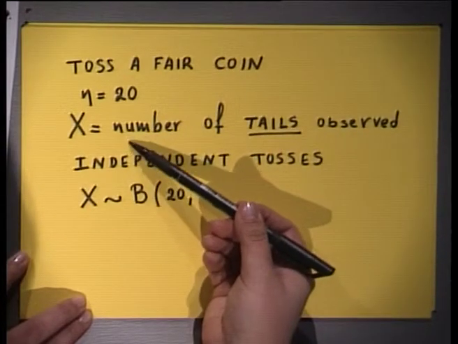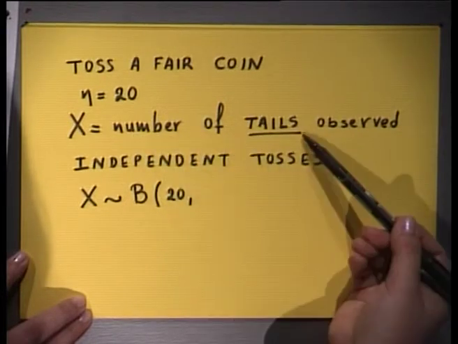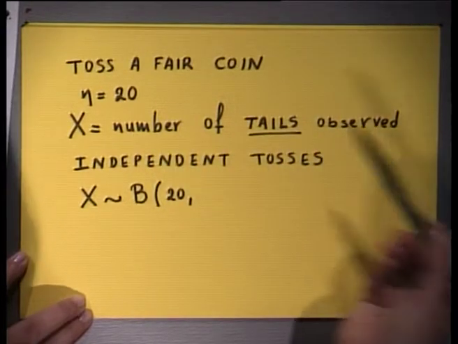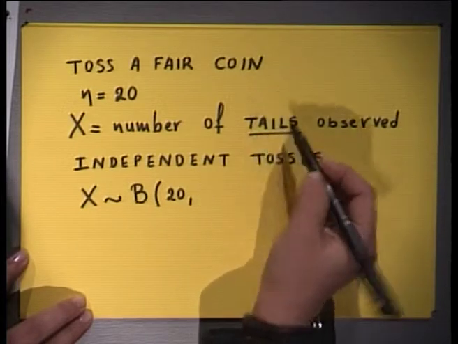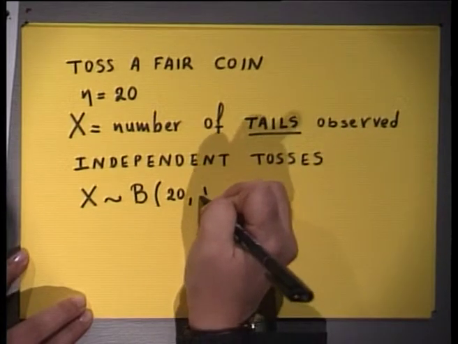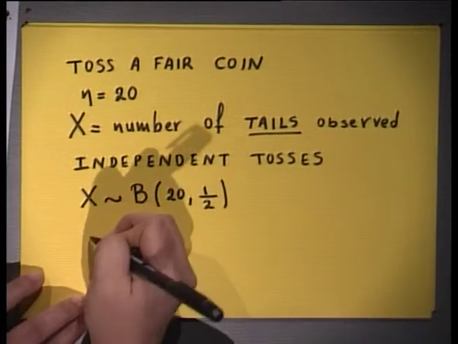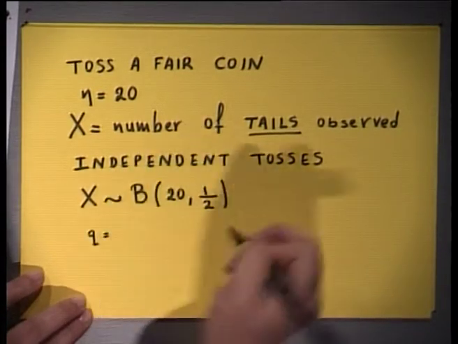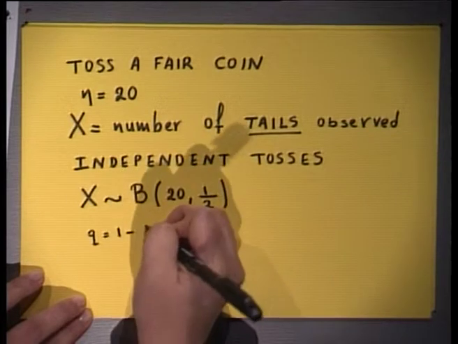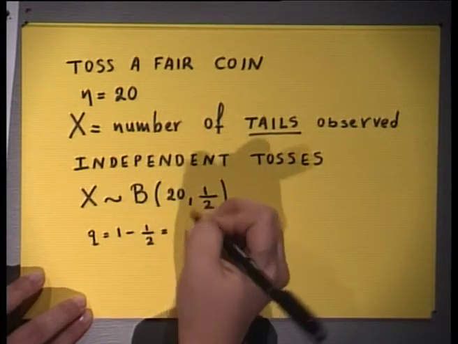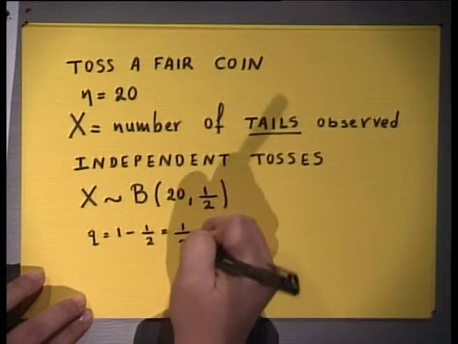So here we are interested in the number of tails observed. The coin is fair, so the probability is half, and p for us is half. q can be calculated. In this case, 1 minus half is half.